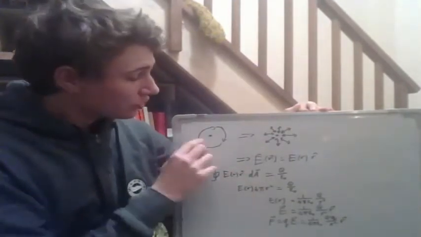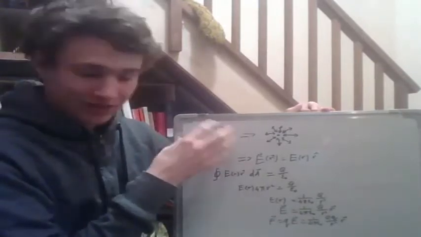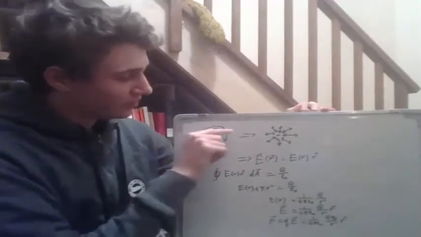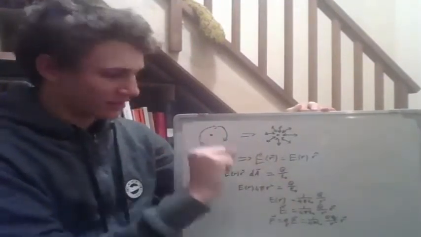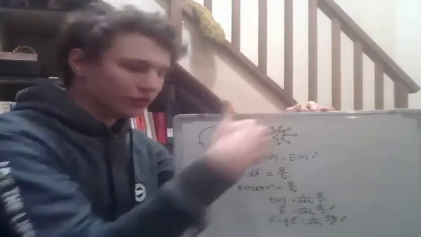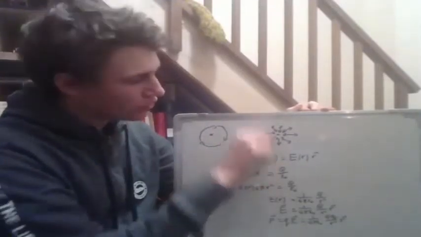So, due to our symmetry, we can therefore say that the intensity of the field at the very least is only dependent on the radius from it, and it always has to be radial, since it's a spherically symmetric charge. There's no way it can produce a field that goes around, so you're always going to have either radially inward or radially outward.